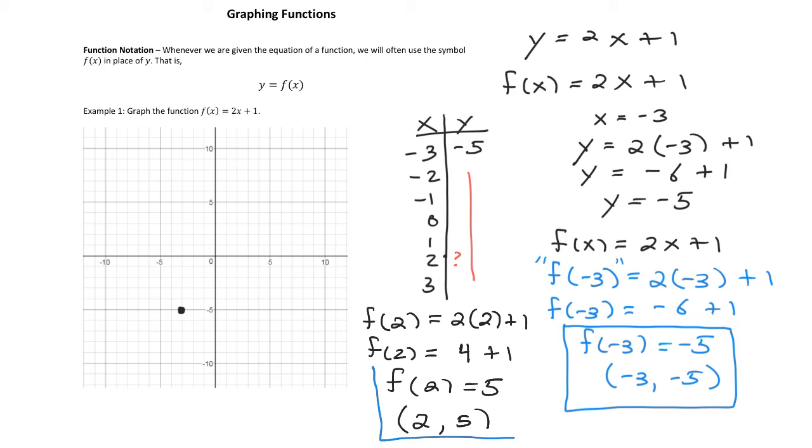So I will now plot this point. So that is at 2, we get 5. If you were to complete the entire table of values, you would see that this is going to be a linear equation going through these points. So I'll simply just draw the line going between these two things. And that's it. It's what we did in the previous lesson. It's just using a brand new notation for it.